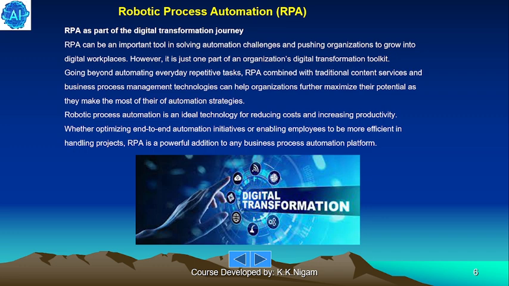Robotic process automation is an ideal technology for reducing costs and increasing productivity. Whether optimizing end-to-end automation initiatives or enabling employees to be more efficient in handling projects, RPA is a powerful addition to any business process automation platform.